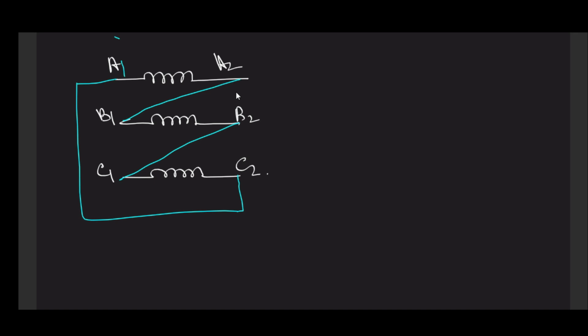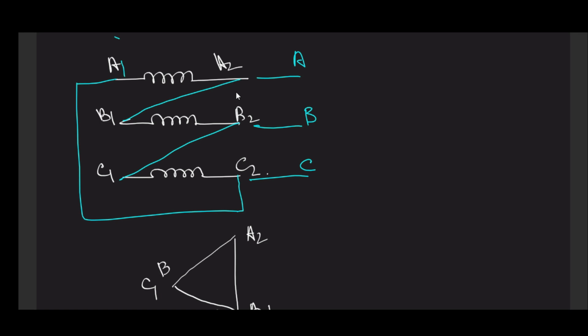Right. So what is your phasor diagram here? Now this is your A, this is your B, this is your C. So what you are having here, right?